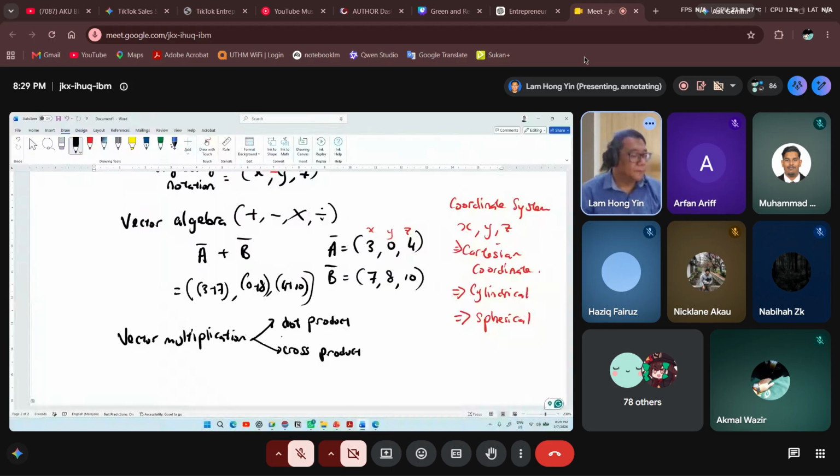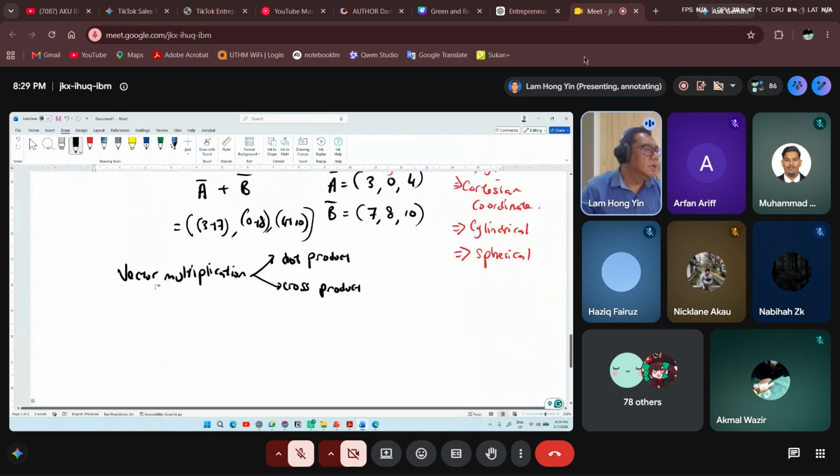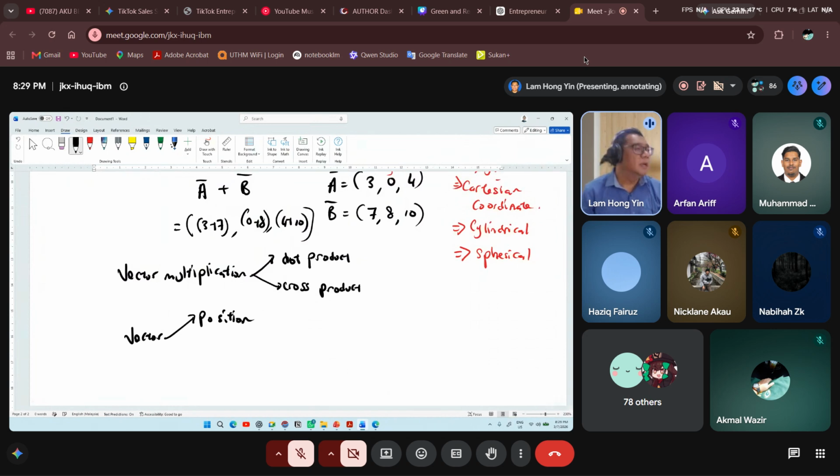Before we go further into the multiplications, vectors are usually divided into two types. One is what we call the position vector. Another one is what we call the distance vector, right?